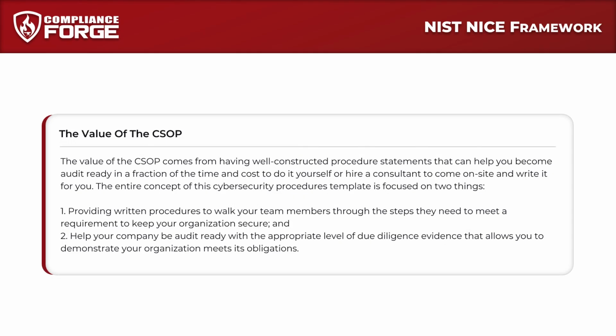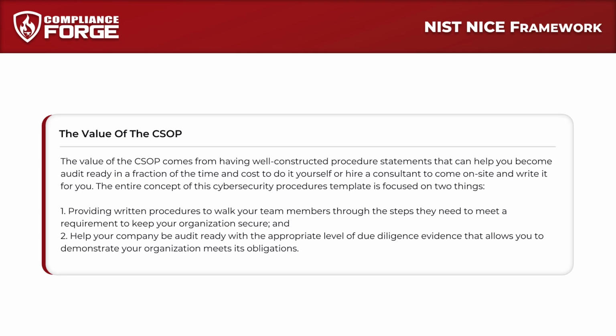At the heart of it, the CSOP provides an organization with clear cybersecurity procedures that can scale to meet the needs and complexity of any team. The procedures are mapped to leading frameworks, so it is straightforward to have procedures that directly link to requirements from NIST 800-171, ISO 27002, NIST 853, and many other common statutory, regulatory, and contractual frameworks.